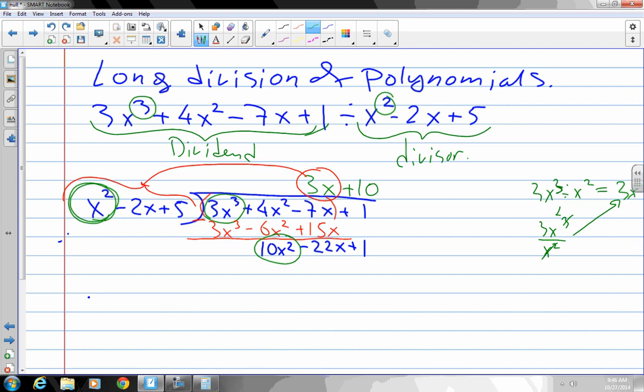And then we'll repeat the steps. We'll take 10 times the divisor. That gives us 10x squared minus negative 2 times 10, so it's 20x, and then plus 50.